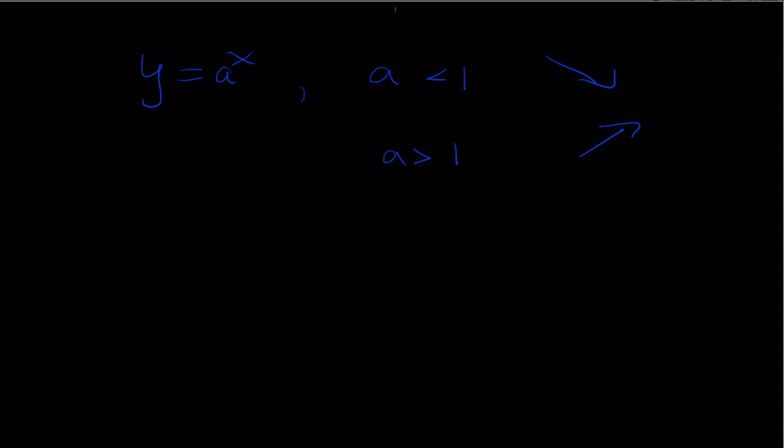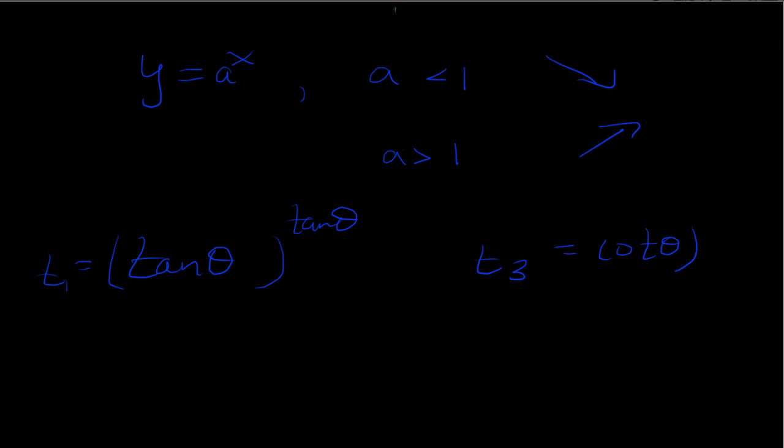So in our example, if we look at t1 and t3, so they have the same exponent, but notice the base is different. We said that cotangent was bigger than tangent. So obviously t3 is bigger than t1.